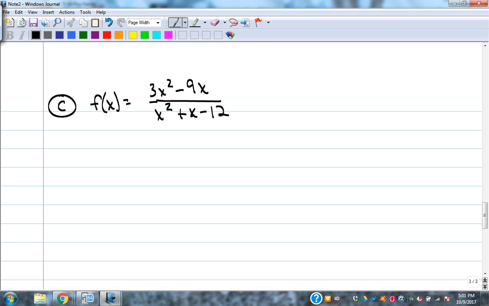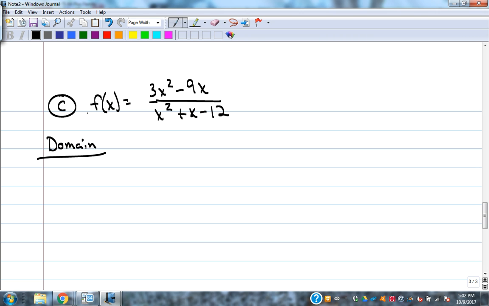What do we know about this one just by glancing at the original? It's going to be a horizontal asymptote where? 3 over 1, yeah, at 3. y equals 3. We know that from looking at the original, if everything doesn't cancel out, and obviously everything's not going to cancel out. So that's knowing that's going to happen. Let's go ahead and get there.